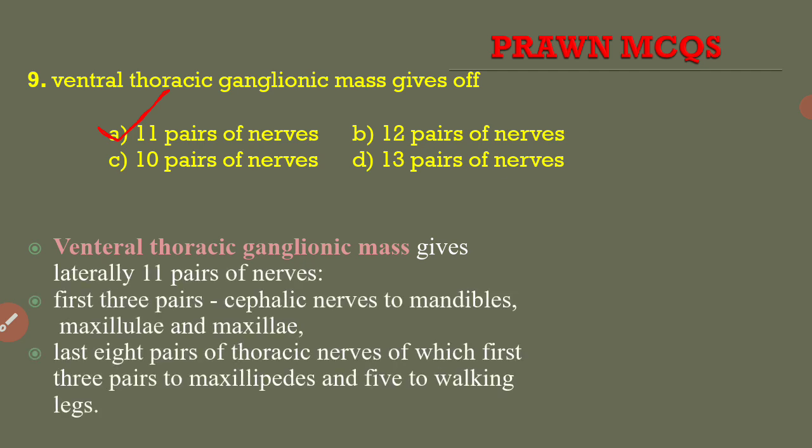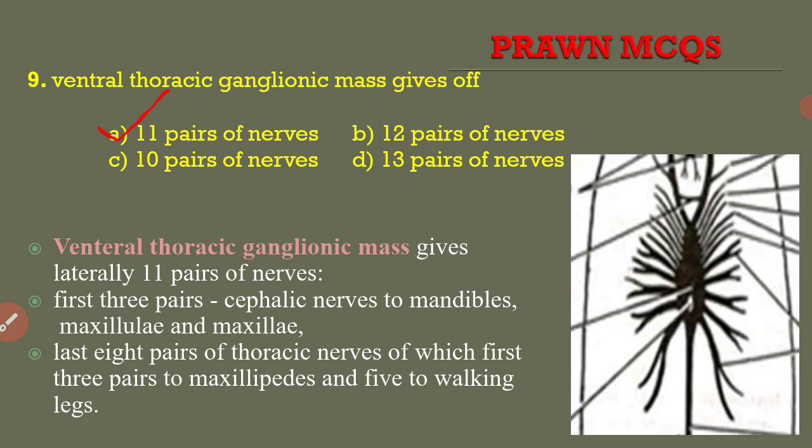So the ventral thoracic ganglionic mass, which is found centrally at the mid-ventral position in the body, gives laterally 11 pairs of nerves.